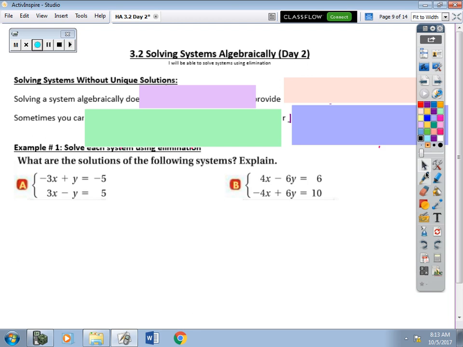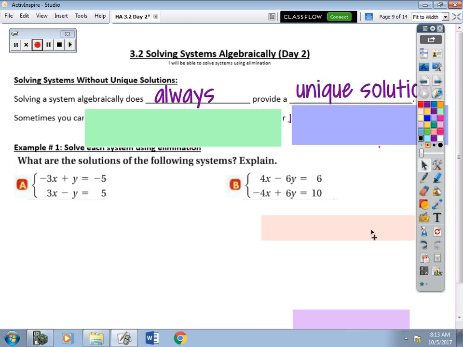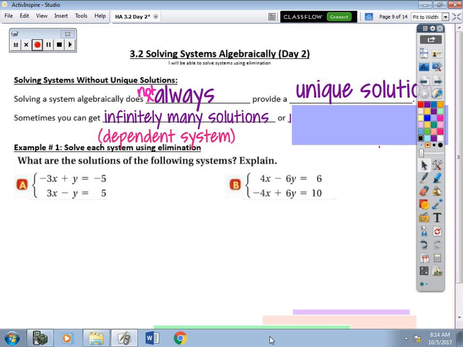So solving a system of algebraic equations does not always provide a unique solution. So all the homework questions we had an independent system, or we got an answer. We can also get infinitely many solutions, which we classify as a dependent system.